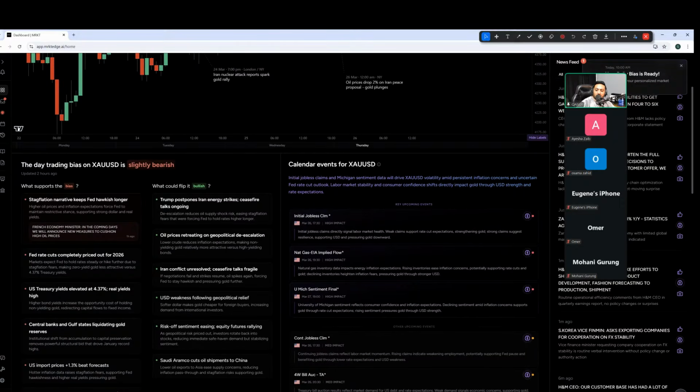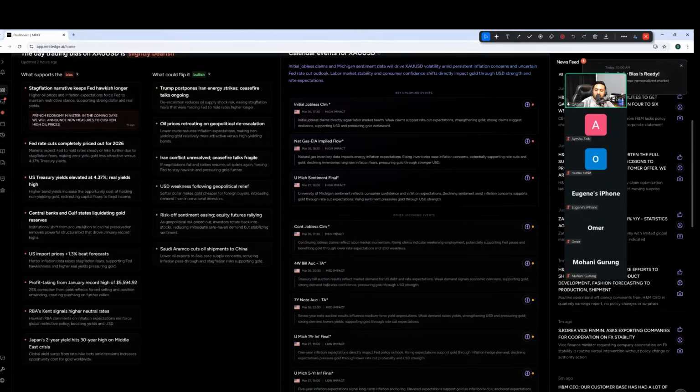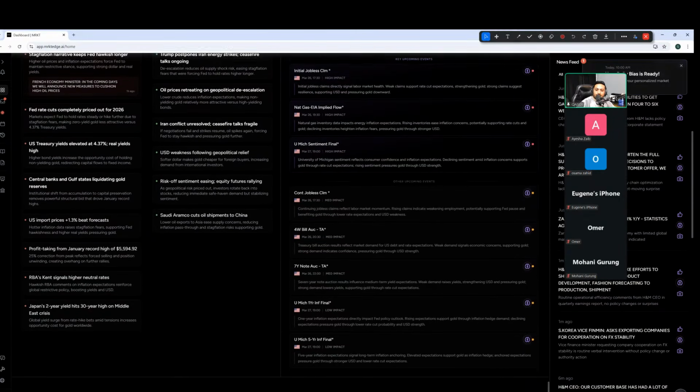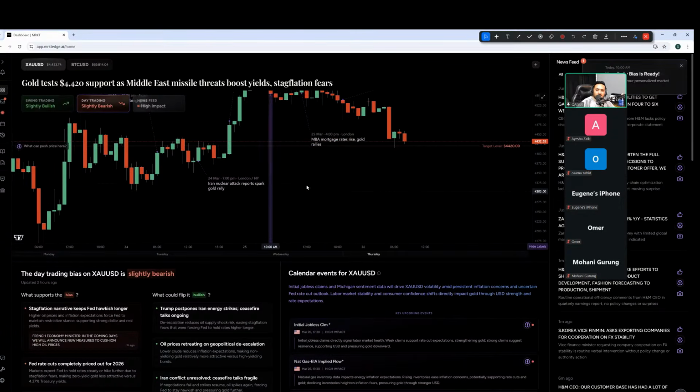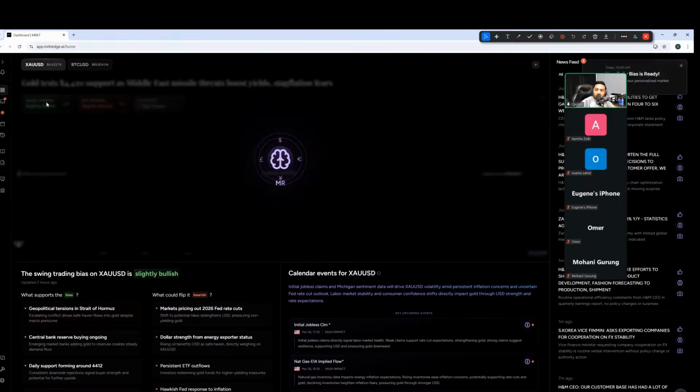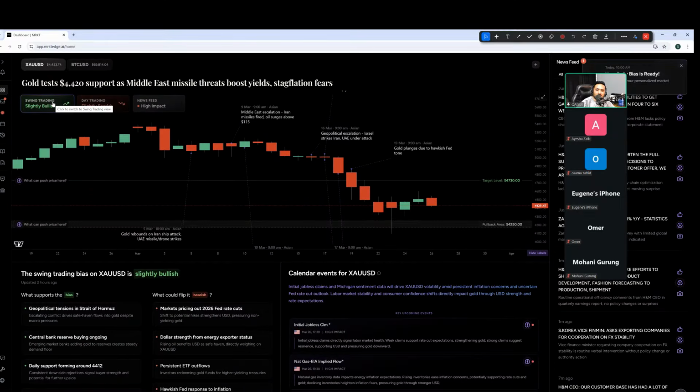Okay, they're not going to cut the interest rates. That's why I think US Treasury things are just against gold right now. So it could keep pushing to the downside. But for a swing trade, they are giving a target of 4730. Wow. On what basis? Geopolitical tension in the Strait of Hormuz, central bank reserve buying ongoing, daily support. Okay, so it's kind of mixed data.